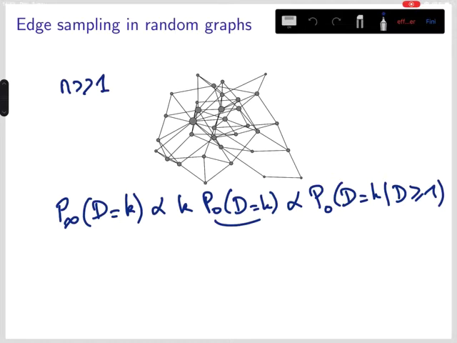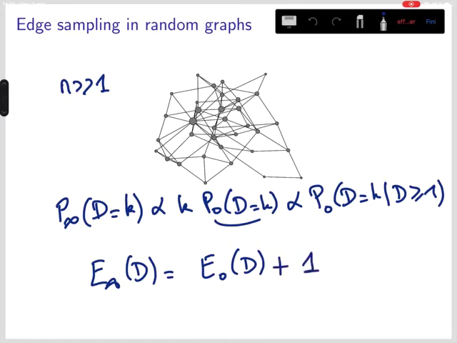And so you can do the computation. If you compute the expected degree, for instance, it is equal to the expected degree through node sampling plus 1, which means that the difference between node sampling and edge sampling is quite negligible. If you have an expected degree of, let's say, 100, you wouldn't notice any difference.